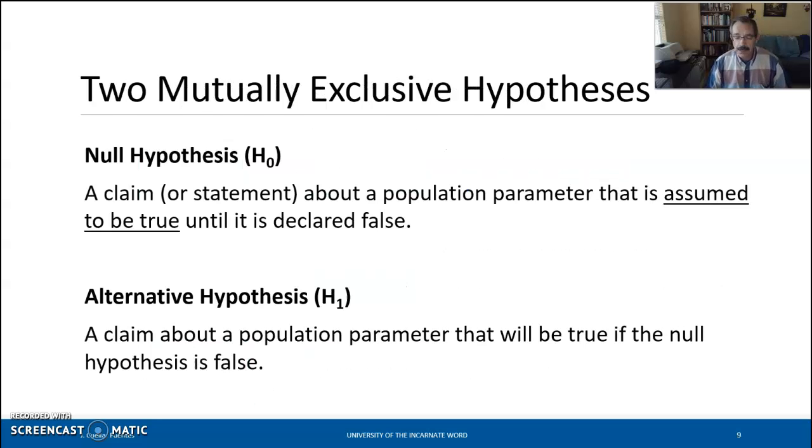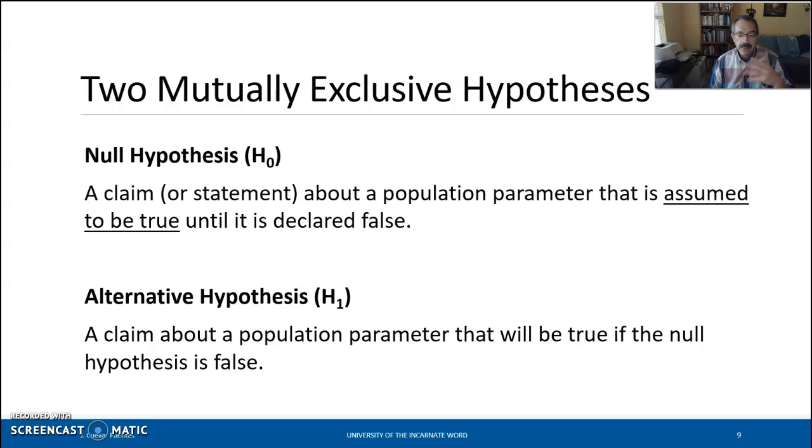All right, the very first concept is that of the hypothesis. There are two mutually exclusive hypotheses, meaning there is nothing in common between the null hypothesis and the alternative hypothesis. The null hypothesis, or H sub 0, is a claim or statement about the population parameter that is assumed to be true until it is declared false. So in the context of the problem that we started with, the statement of the claim is that the amount of deductible paid in 2016 is $1,077.